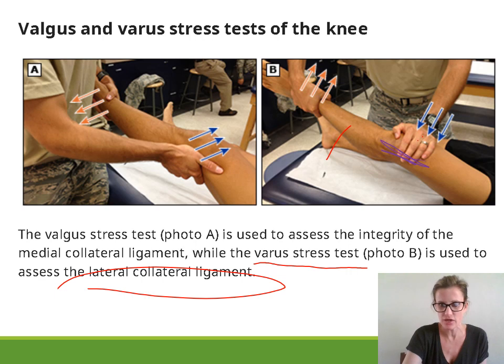The LCL is right over here, and it should prevent that movement of the leg inward at the knee. So a positive sign is more varus movement, where the foot moves inward.